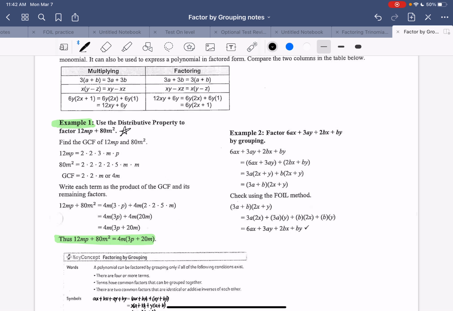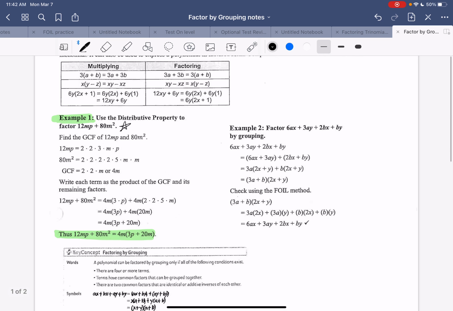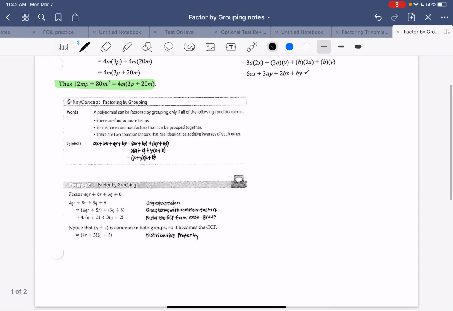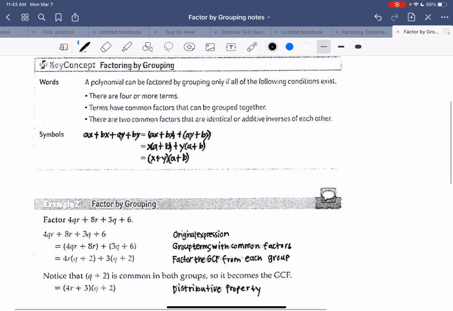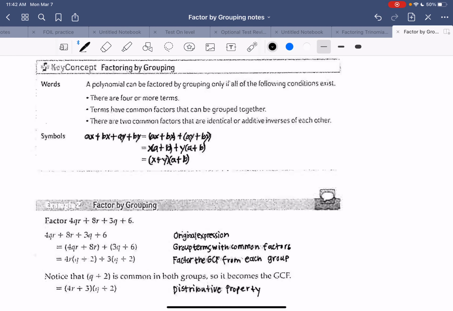But what we're really going to be focusing on today is this factoring by grouping. And when we look at this, in order to factor by grouping, there are some key characteristics that have to be present, so we will know that a polynomial is factorable.